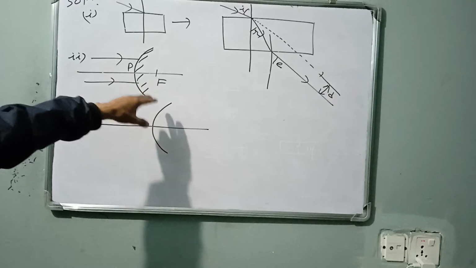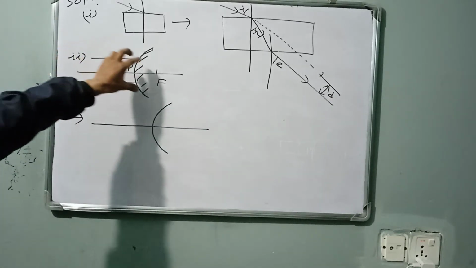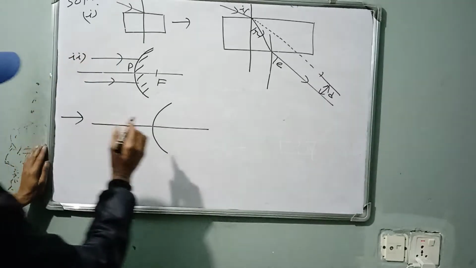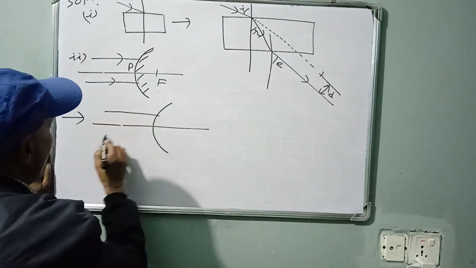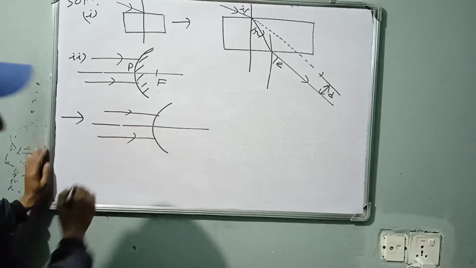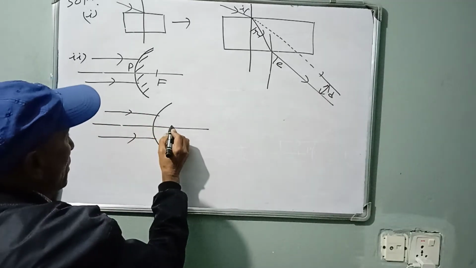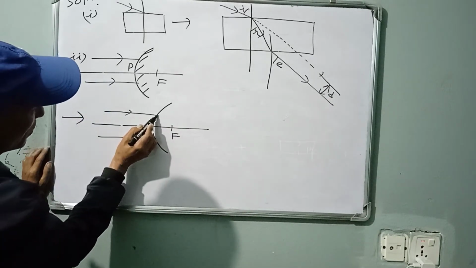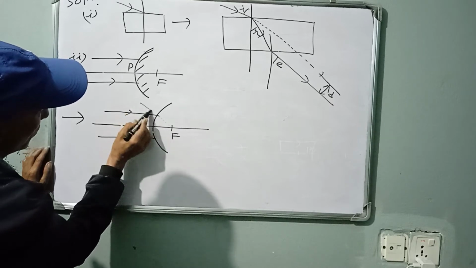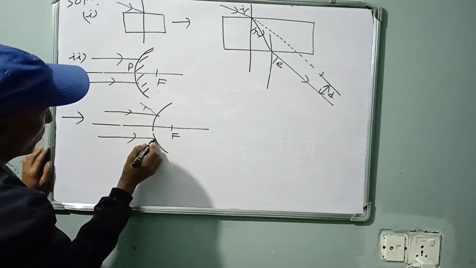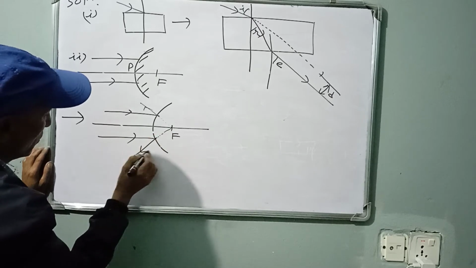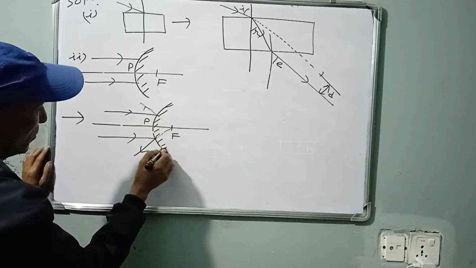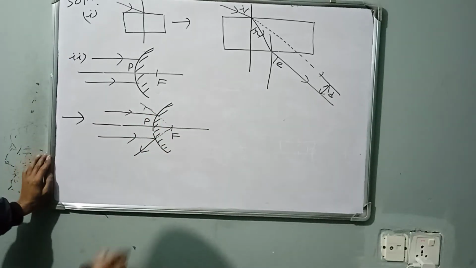Just see the diagram and find out where is the object. The object is placed at infinity. Object infinity मा राखेको छ. हेर्नु यहाँबाट. See. First of all, draw parallel rays of light. First find focus. Then join this point. Again. P. What type of image is formed?